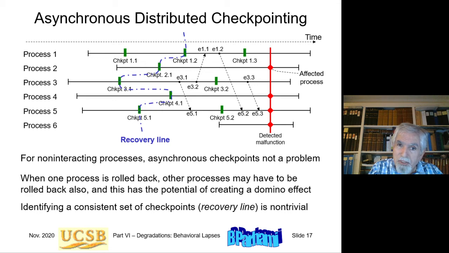So we have to consult a lot of different tables to determine what checkpoints there are and which subset of the checkpoints form a recovery line. Okay, so I just wanted to point out the difficulty here, not the solution. The solution is rather difficult.